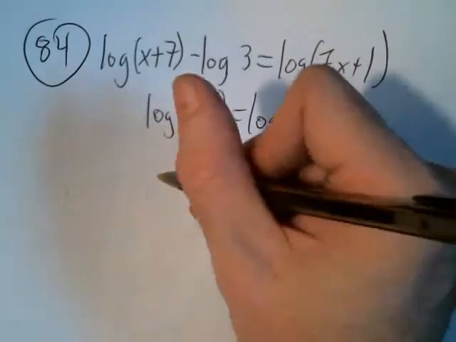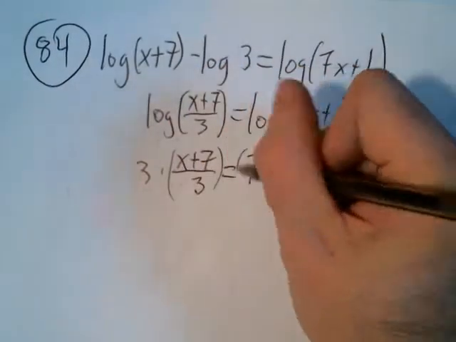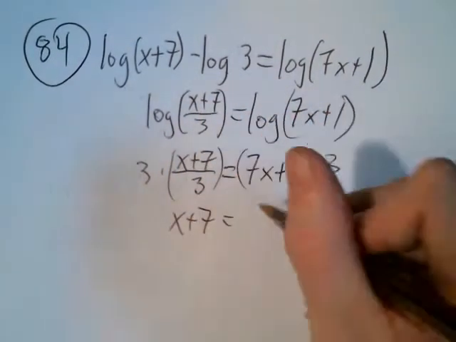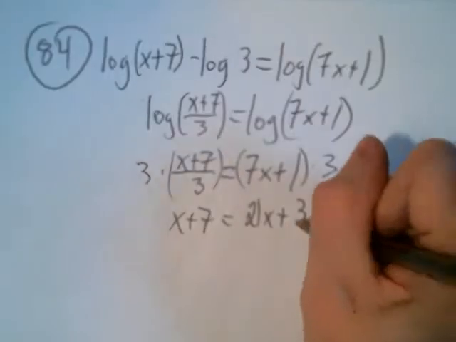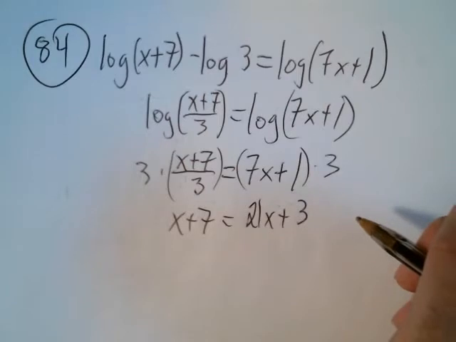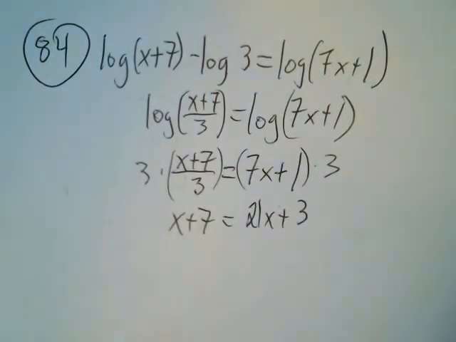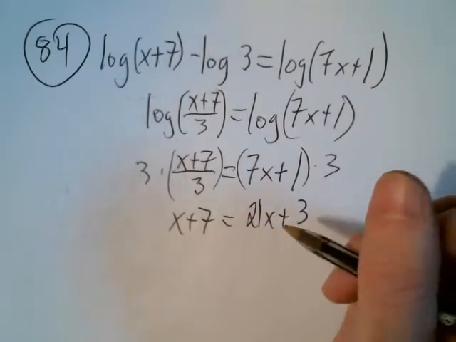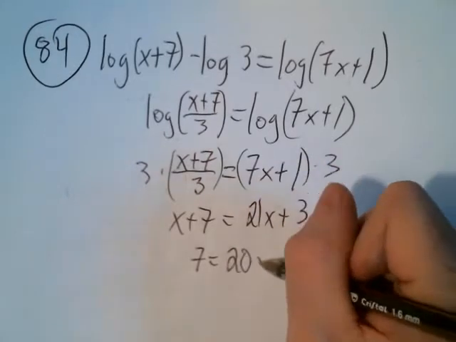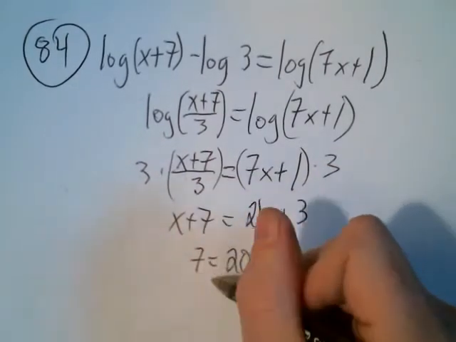I'm going to multiply both sides by 3 to get rid of this denominator. So I'll have x plus 7 equals 21x plus 3. I'm going to get the x on this side, so 7 is equal to 20x plus 3, and then I'm going to move the 3 over there.